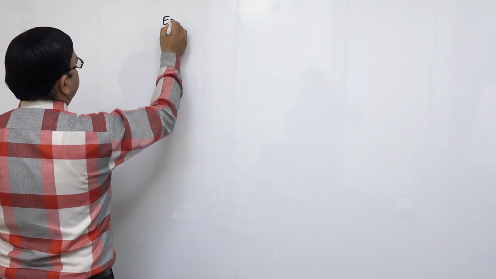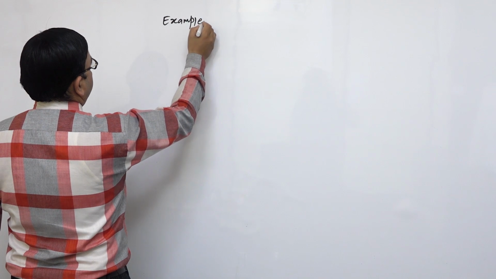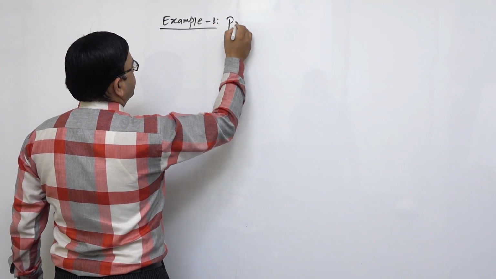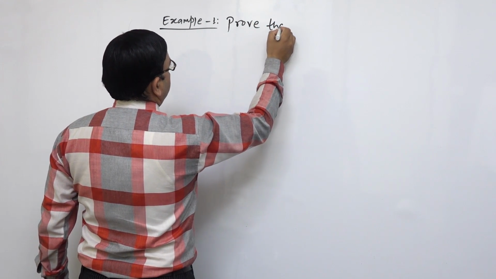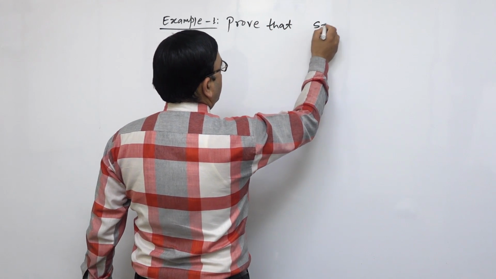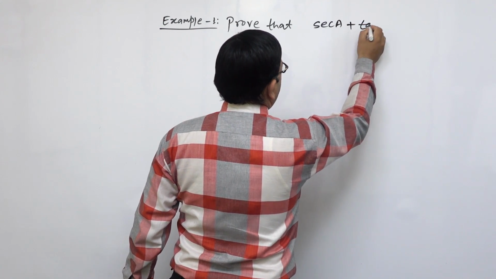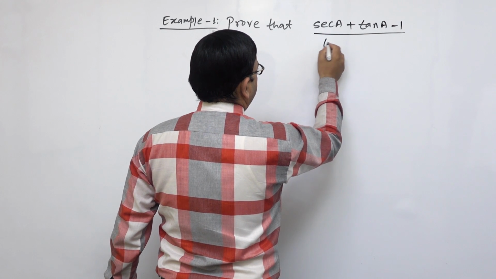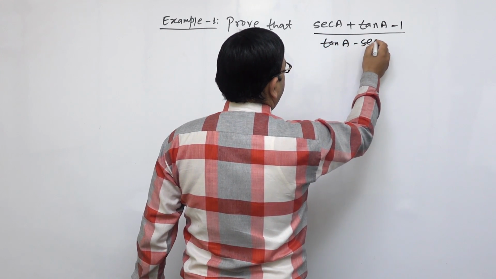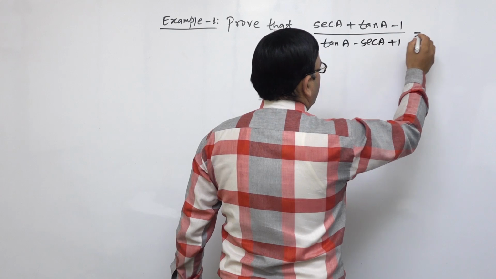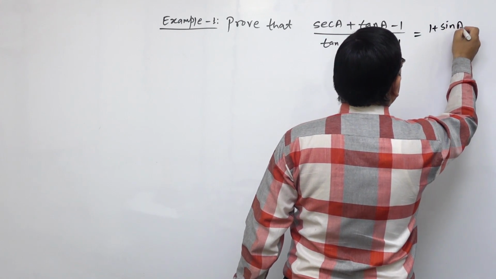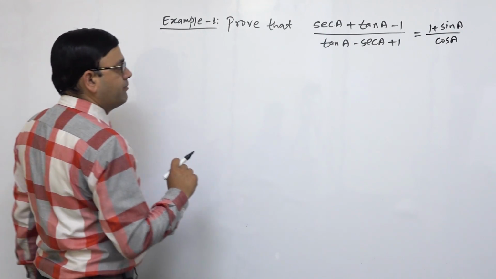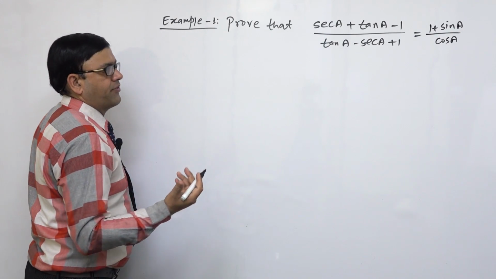Example 1. In example 1, prove that sec A plus tan A minus 1 by tan A minus sec A plus 1 is equals to 1 plus sin A by cos A. To solve this problem, we have to take either LHS or RHS.